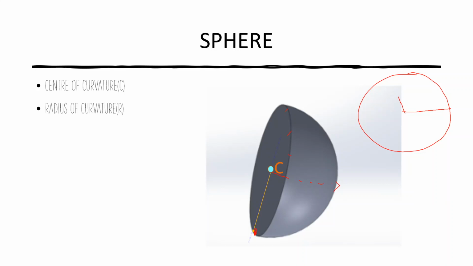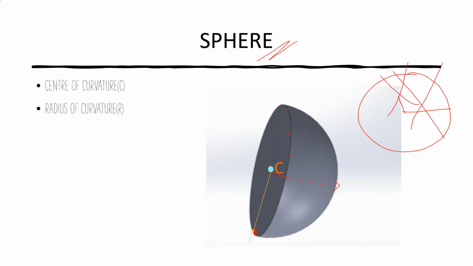That's the only way I can tell you the distance from the center of the sphere. I am talking about a sphere, not a circle. From the center to any point, that is called the radius, and that point is called the center.